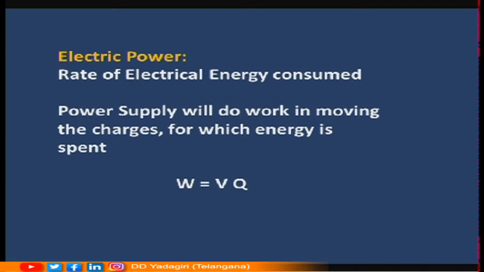Children, now let us discuss electric power. Electric power is the rate of electrical energy consumed. Power supply will do work in moving the charges for which energy is spent and this is equal to the work done in moving the charges. So, work done will be equal to V times Q. V is the voltage, Q is the charge.